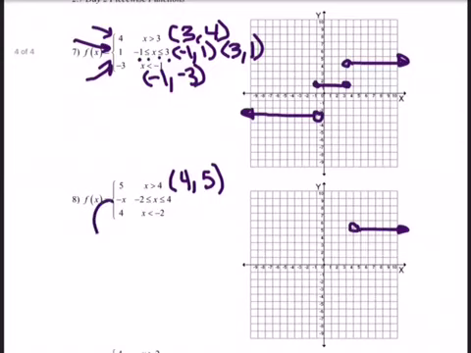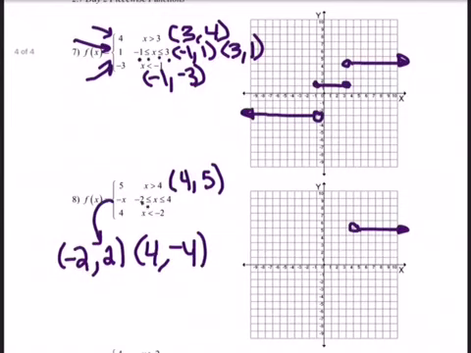Now for this one, if I plug in negative 2, the negative of negative 2 is positive 2. Then I also need to plug in the 4. The negative of 4 is negative 4. Both of these, since they're both less than or equal to, will have closed circles. So I'm going to have (-2, 2) and (4, -4), and I can connect the dots because it's linear.